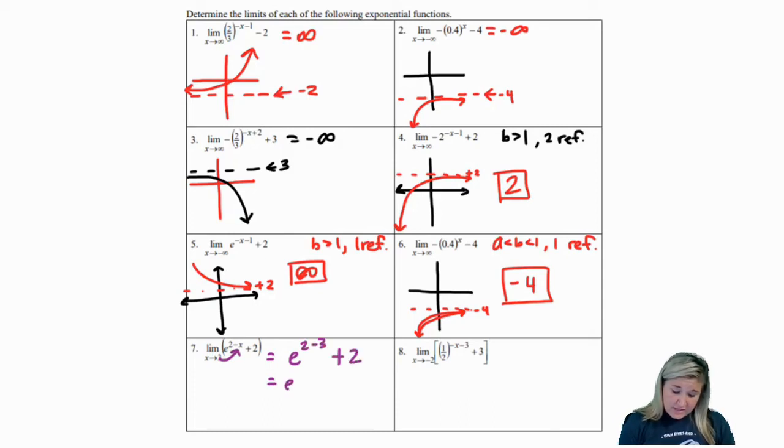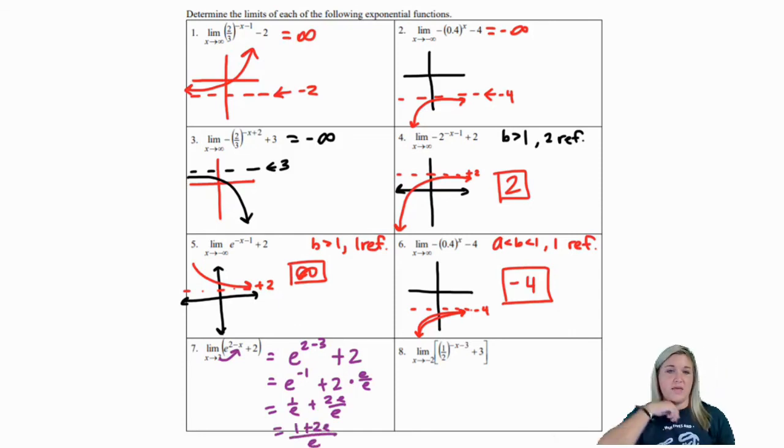So this is e to the negative 1 plus 2, which is 1 over e plus 2e over e. What I did there is I made sure I had the same denominator, so I multiplied this by e over e. Therefore I have 1 plus 2e over e.